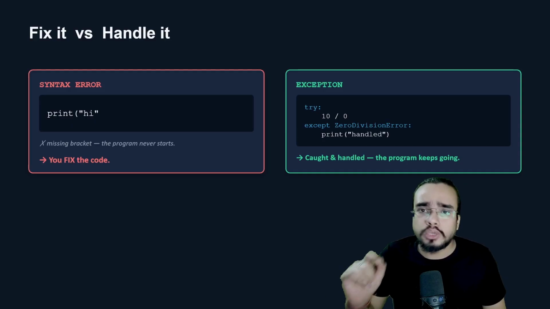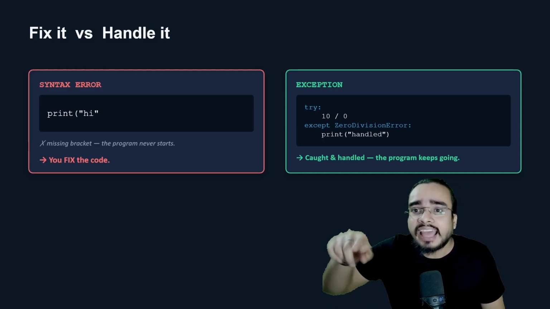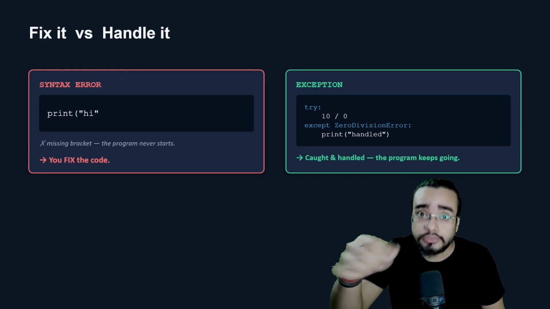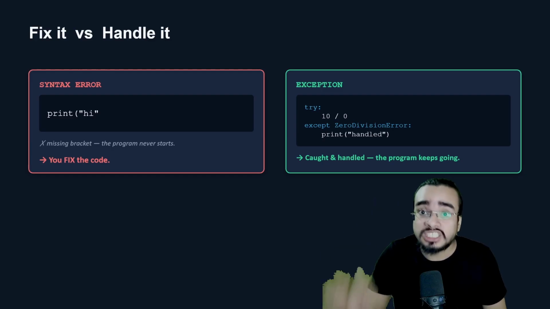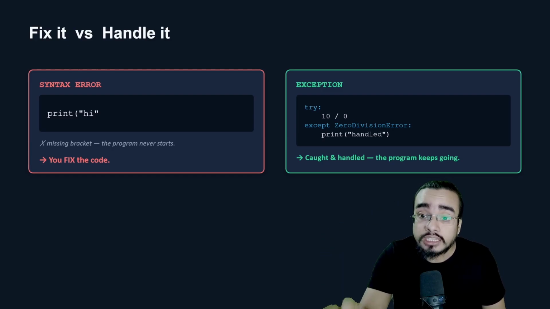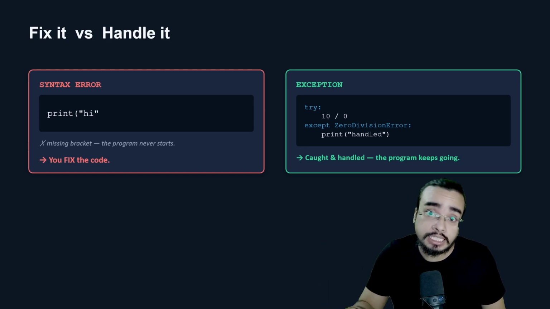So a very quick summary: most errors in Python are actually exceptions. If you are creating notes, I want you to write it somewhere. Most errors in Python are actually exceptions. The name is misleading. The real split is the timing.